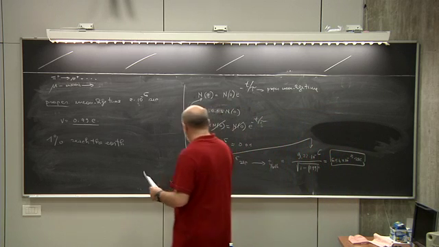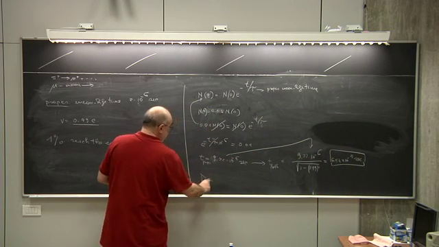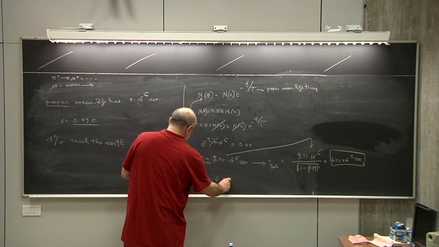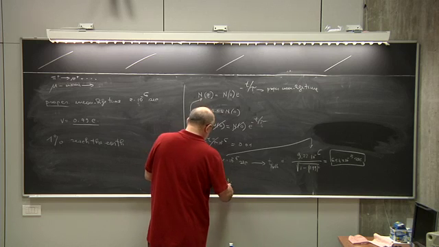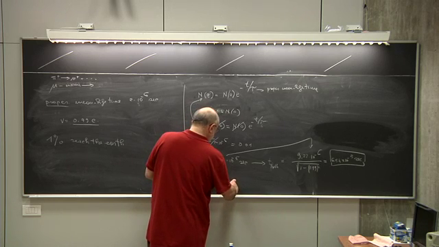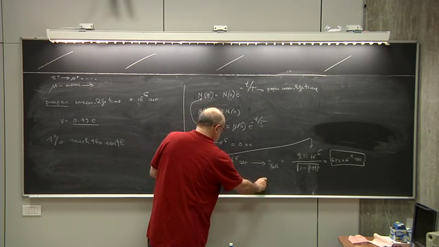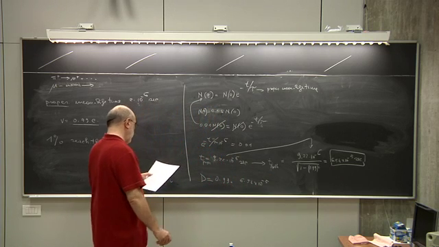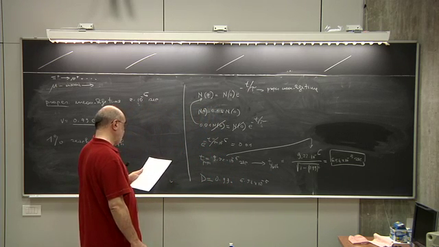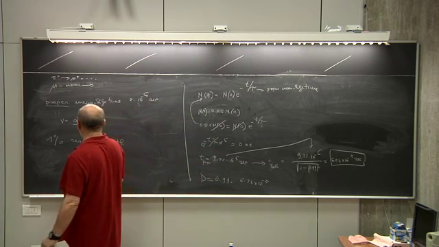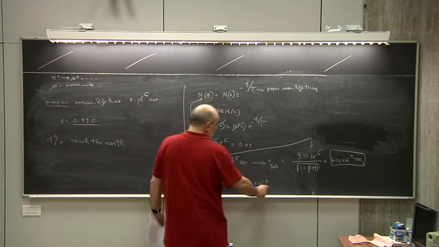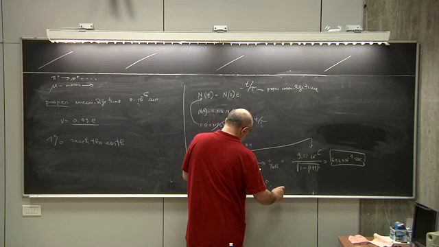Now the distance covered is 0.99 of the velocity of light times the time, so this is the velocity times the time, 6.54 times 10 to the minus 5. I think I made a mistake. I have 0.99, but I have to multiply by c. In the notes, then, there is a mistake.